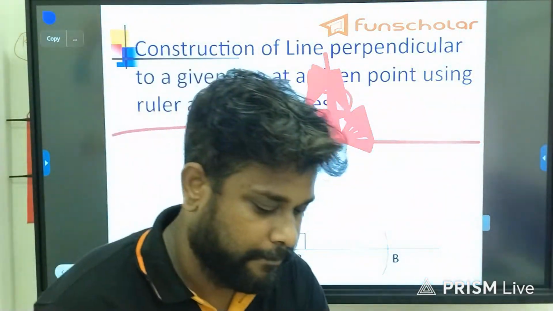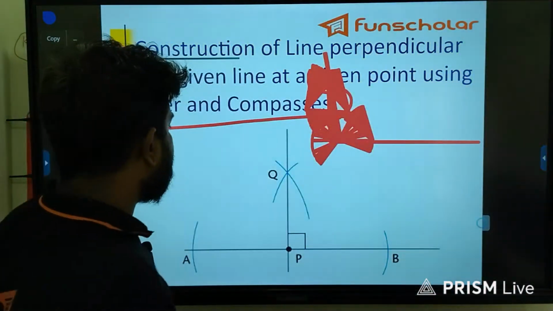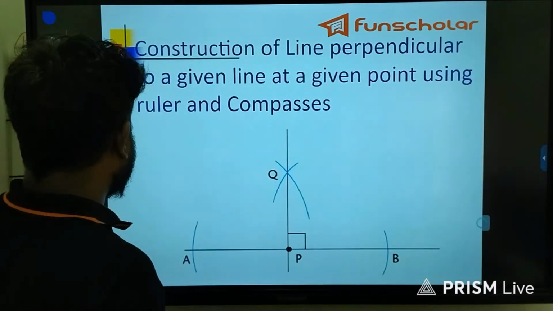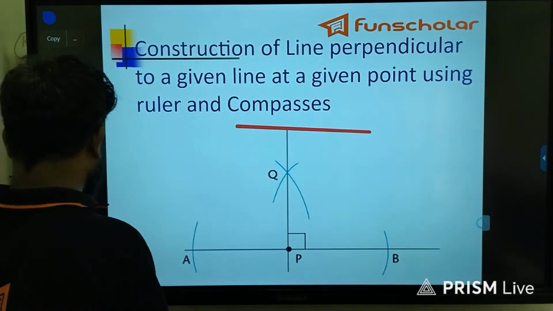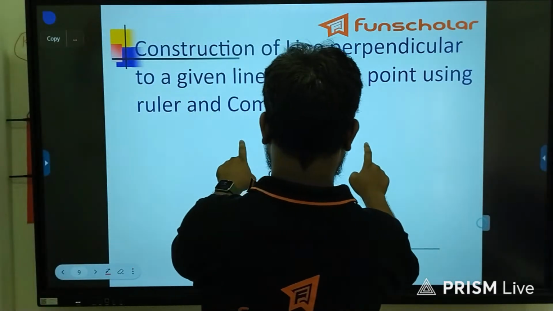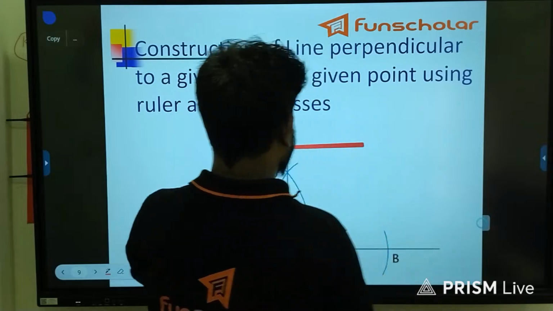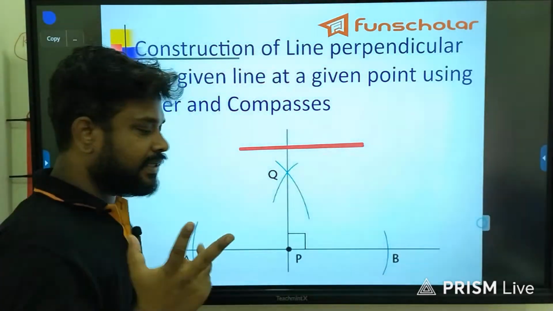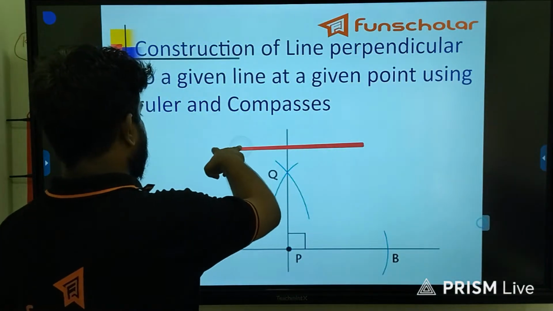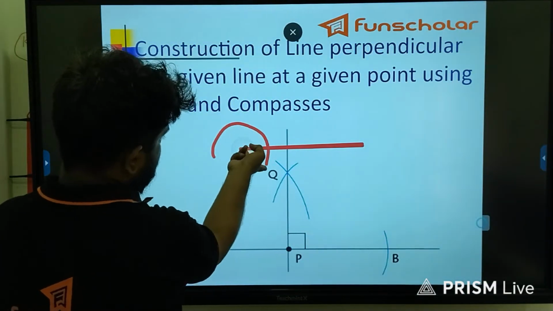So again, pointing out how we are going to draw this. First, draw a straight line, then put your pencil compass here and draw an arc like this.